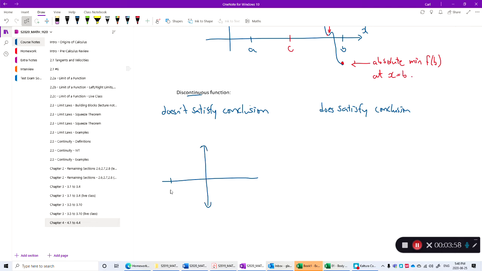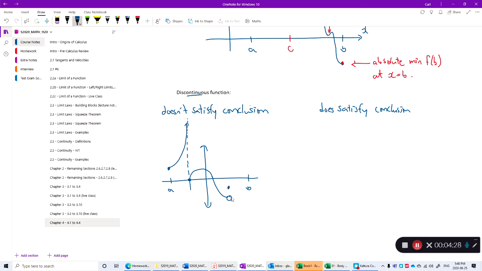So let's say this is our a and our b like this. What would be a discontinuous function that doesn't satisfy it? Well, let's say it has an asymptote like this, and let's say it continues here and it goes like this. Now, this is my open circle.